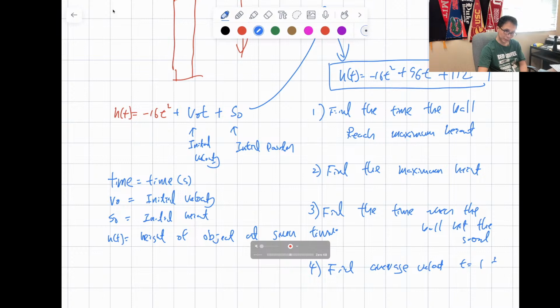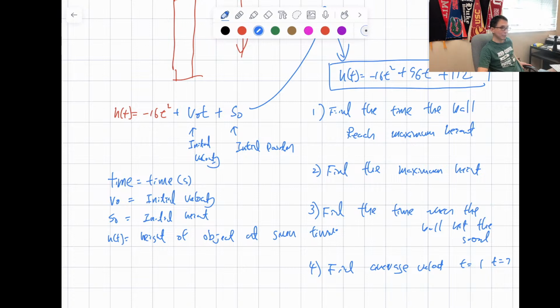So first of all, how would I find the maximum height? How do I find the time to reach maximum height? How would you find the vertex? Negative b over 2a.